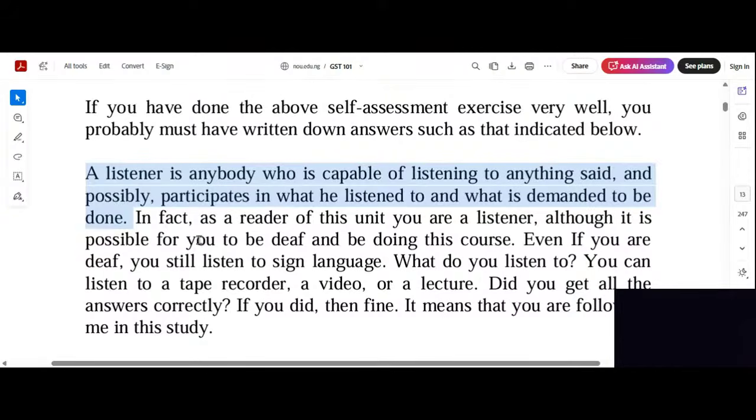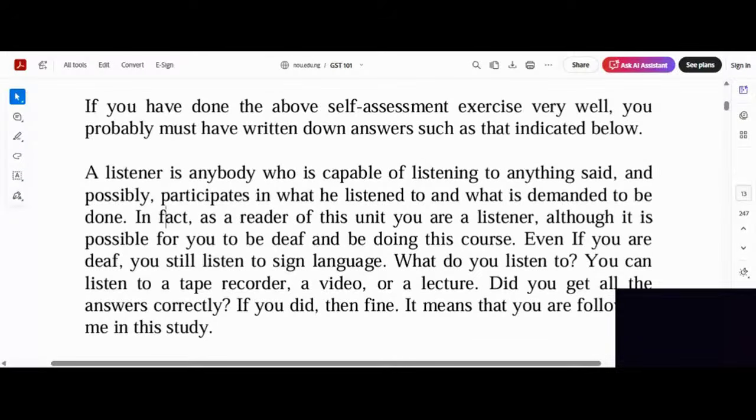We've been talking about a listener, and we said that a listener is anybody that has the capacity to listen to what is being said, and not only that, also has the capacity to participate in what is being discussed or what is demanded to be done.